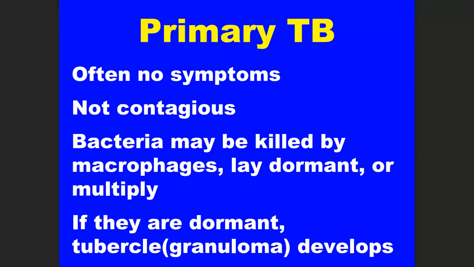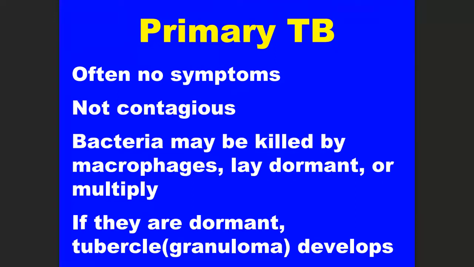Okay. So just to recap here, in primary TB, it's not contagious. There's no symptoms here. And again, if this person continues to have a very active, very strong immune system, that'll be the end of it. I mean, it's very possible that their immune system will eventually just totally get rid of the remaining bacteria.